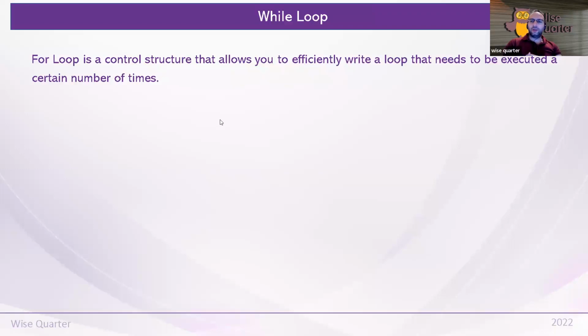We have learned the for loop until now, and how it works. Let's check that. For the for loop, we need a starting number. You can say i equals 1, or you can use any number to start from.